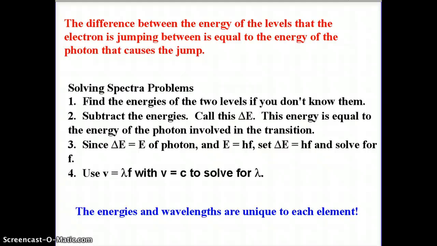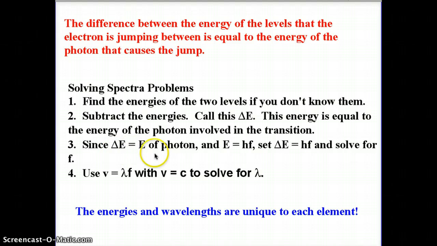Then you're going to subtract them. We're going to call that delta E. That's the difference between the two levels. Like between level 2 and level 1, it's 10.2. Between level 3 and level 2, that's 1.9. That's 12.1 minus 10.2. And this energy is equal to the energy of the photon.